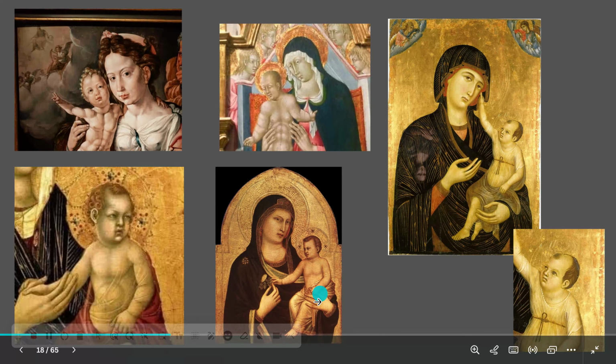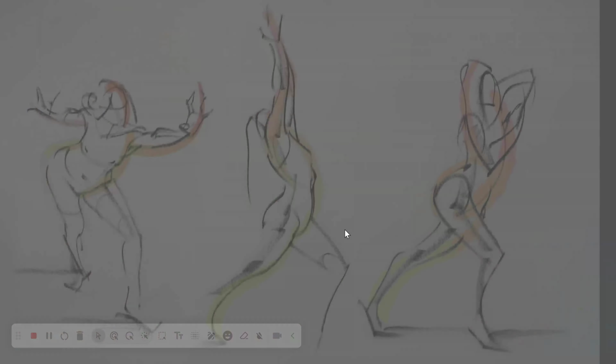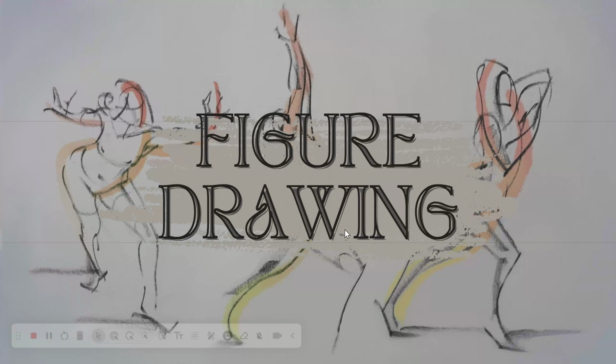This one really shows you how they just shrank down the proportions of a full adult male and created a baby. So with showing you this, I really just want you to know that it's important to understand anatomy in order to draw it.